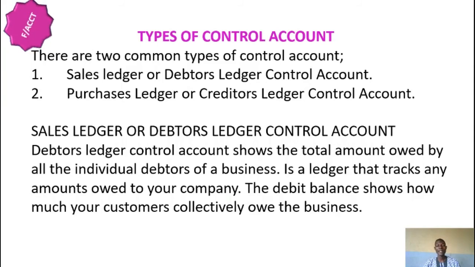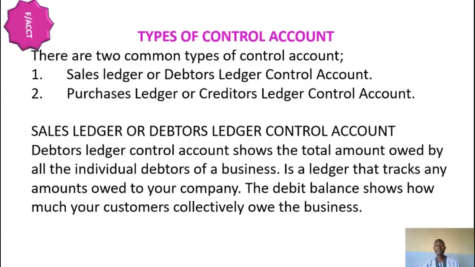It's a ledger that tracks any amount owed to your company. If in this my business I sell soft drinks, I also sell bottled water, those that are owing me are my debtors. They are debtors to this company.